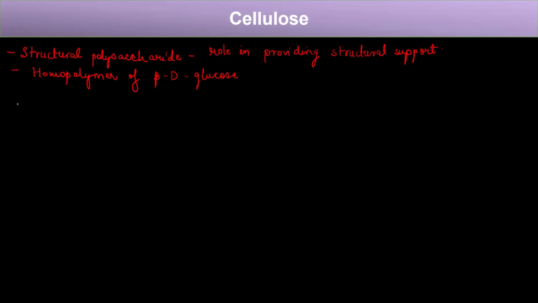Now, what linkage is present in cellulose? The linkage present in cellulose is the beta 1,4 glycosidic linkage.